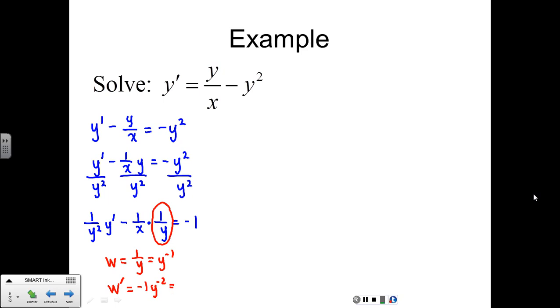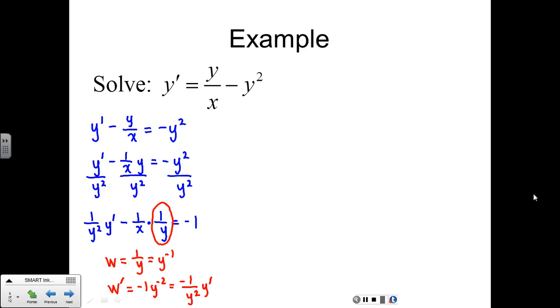Somebody said that, negative 1 over y squared. Actually, w prime would be negative 1 over y squared times y prime, implicitly. Look at your substitution there, guys. This first term we got is 1 over y squared, y prime. So I can substitute in w prime for this whole term.